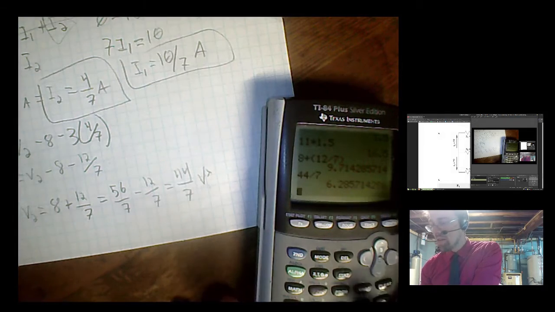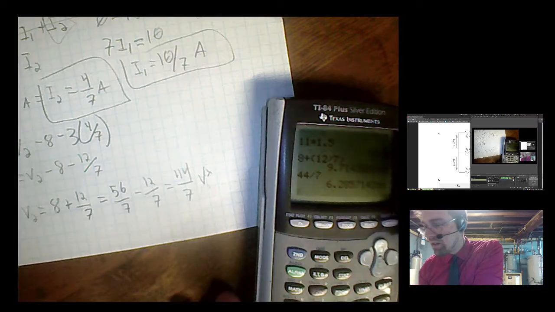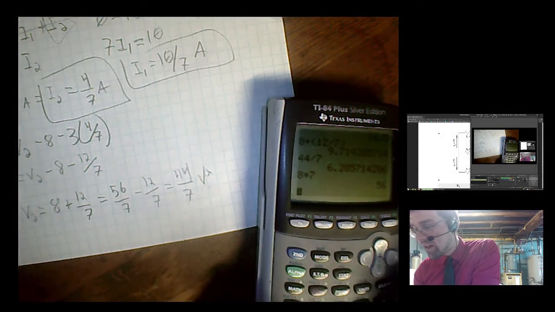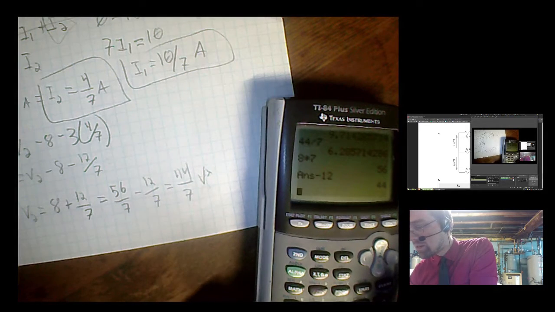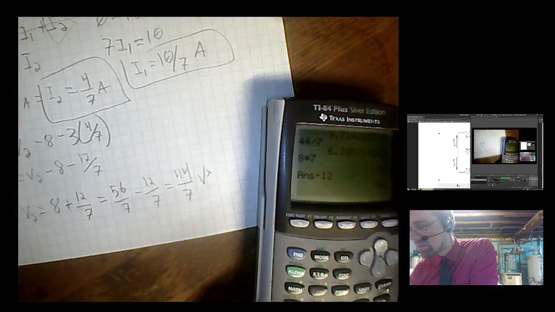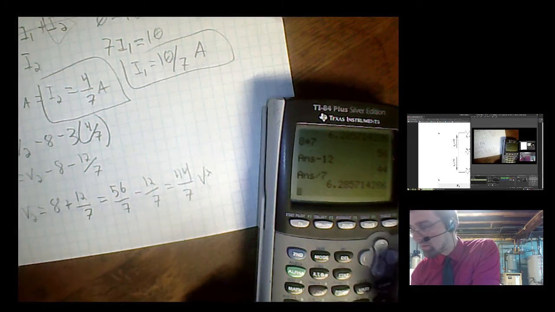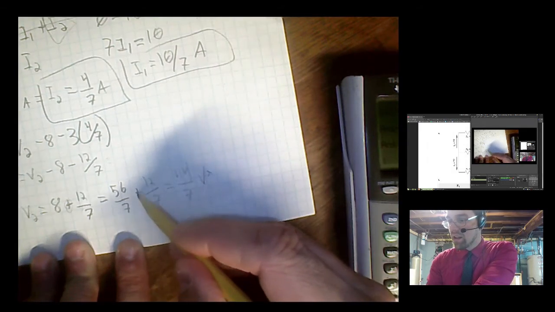Let's check my math here. Should have got 9.7 volts. What did I do wrong here? 8 times 7 is 56. Minus 12 is 44. What am I doing? Do you guys see it? Oh, I went from plus here to minus there.